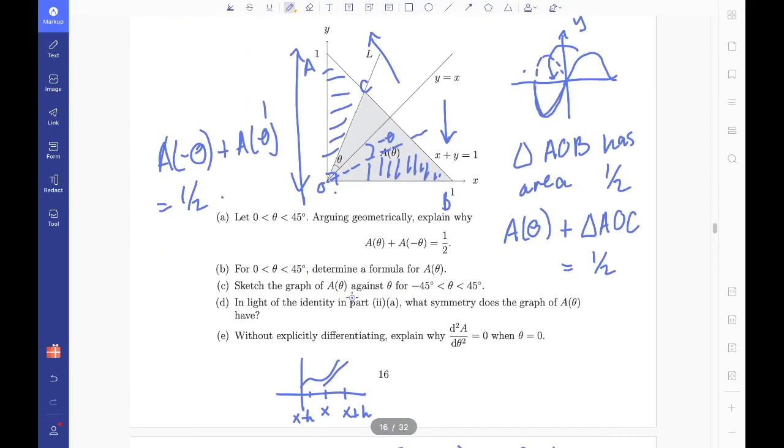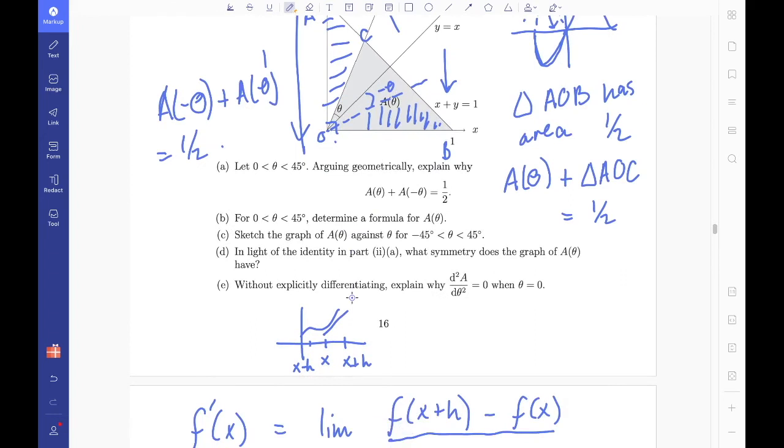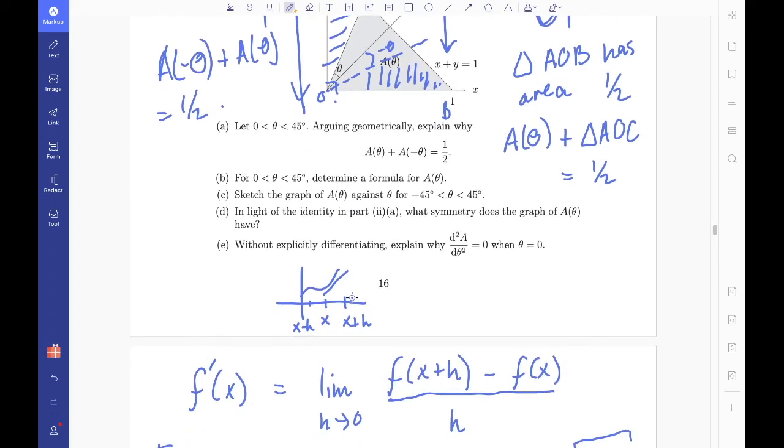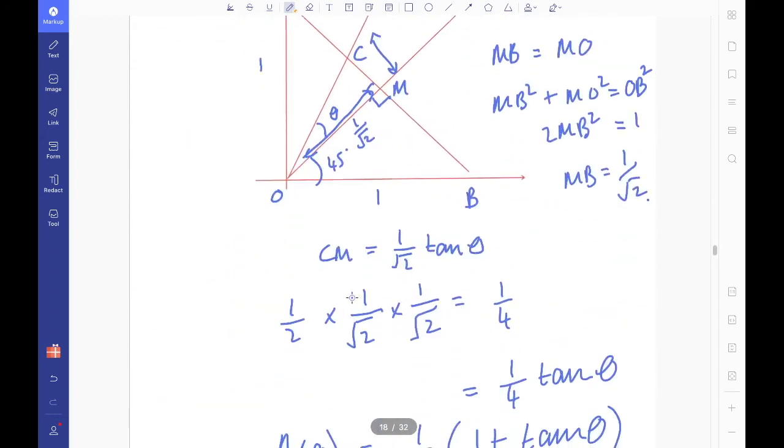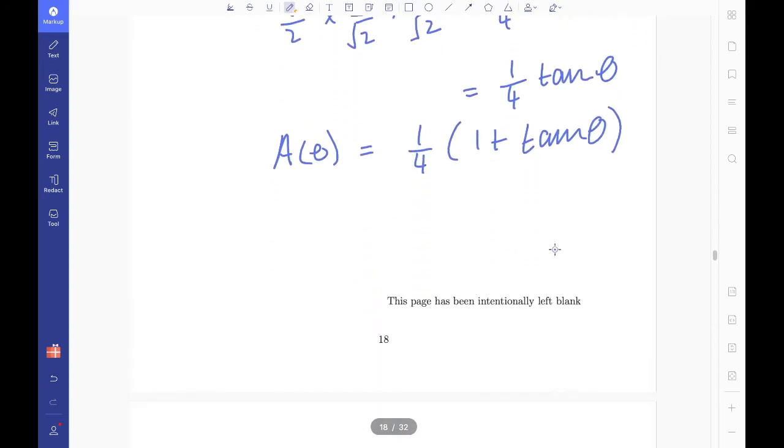And I think the next thing they ask you to do is sketch it for theta from minus 45 to 45 degrees. So I need some more axes. Sorry, it's going to cross these letters here.